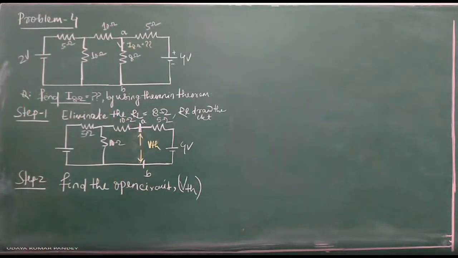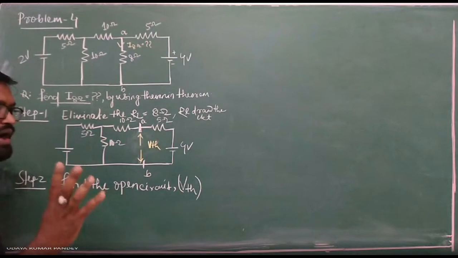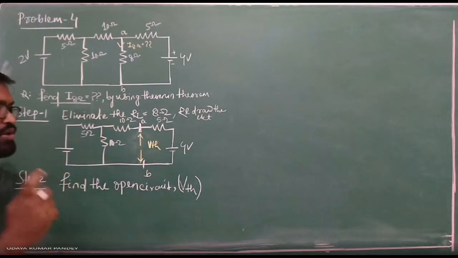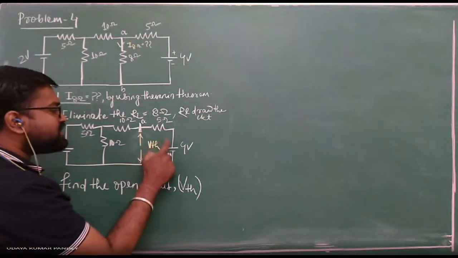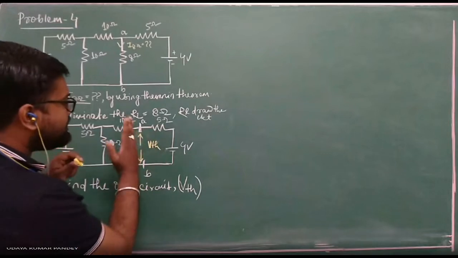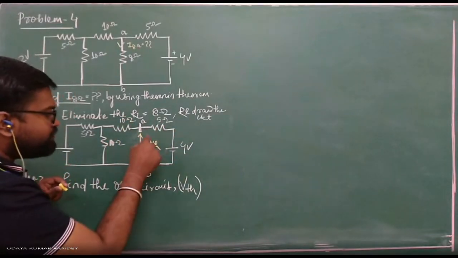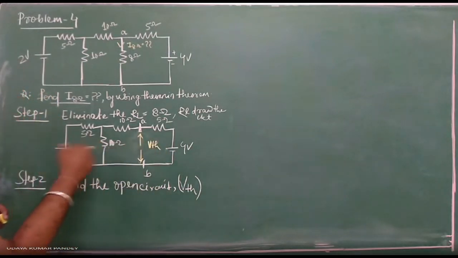I already mentioned that while finding the Thevenin voltage, you have to choose a closed path. Which one is the closed path? If this is a loop A, B, and this is a loop, then definitely it will be a closed path rather than the other path.